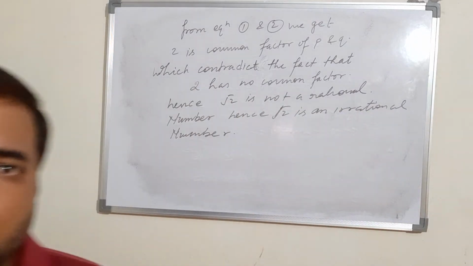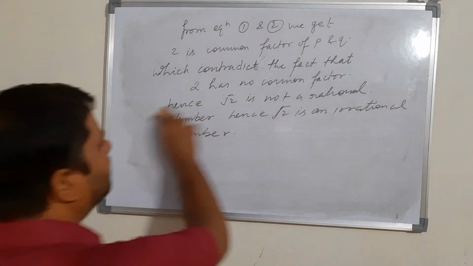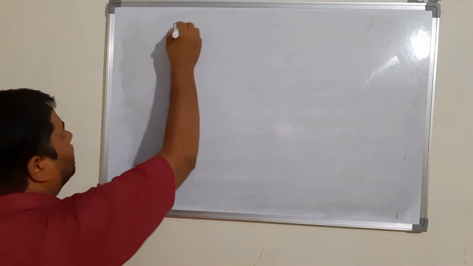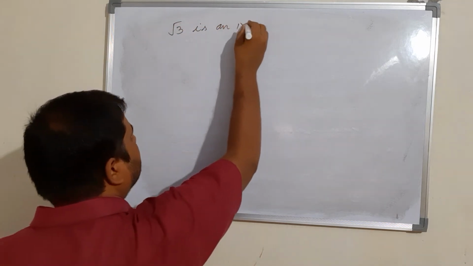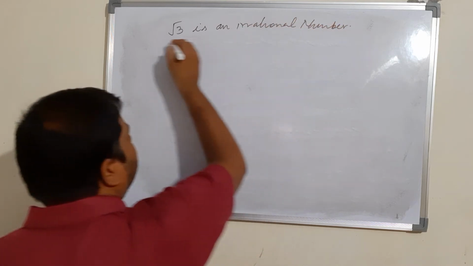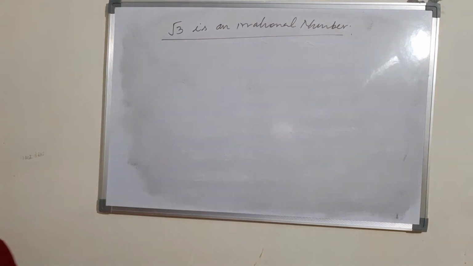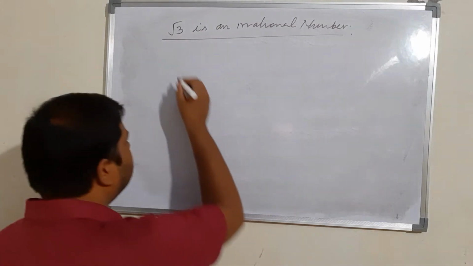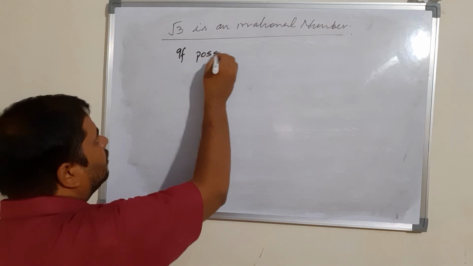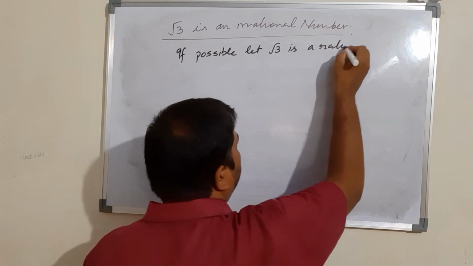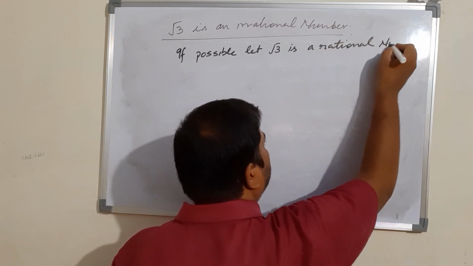Again we start in the same manner. If possible, let root 3 be a rational number.